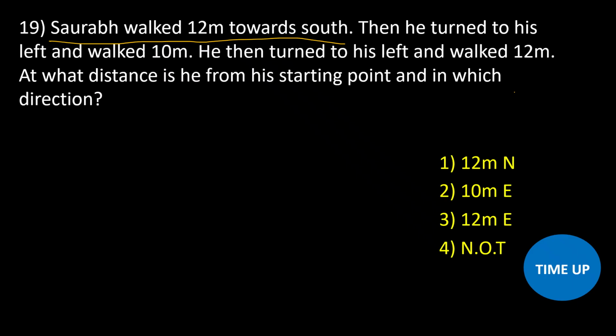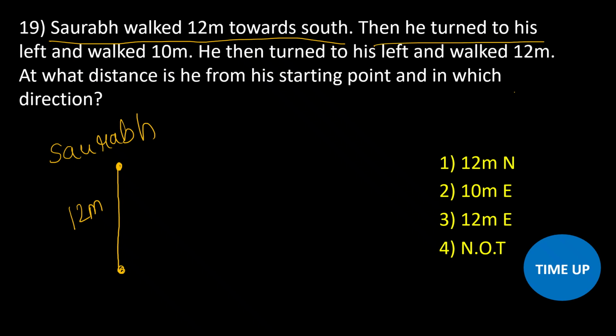Saurav walked 12 meter towards south. Correct? So this is Saurav. He walked 12 meter to the south. Then he turned to his left and walked 10 meter.